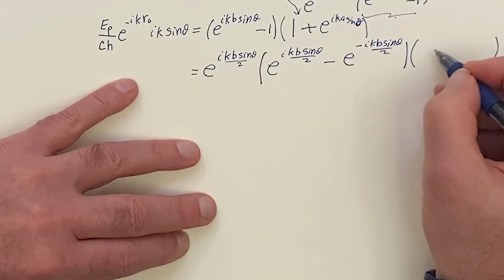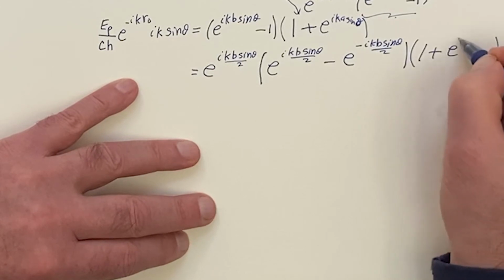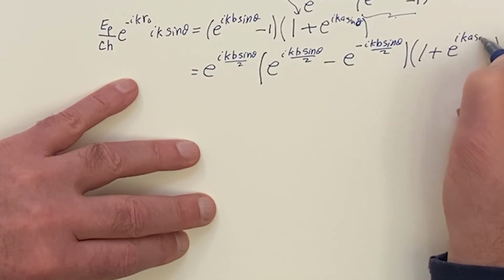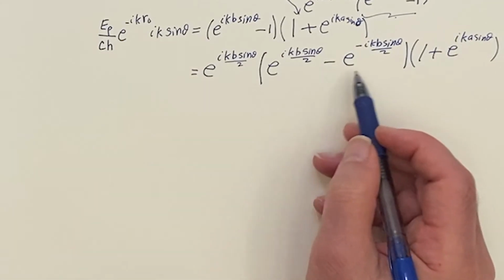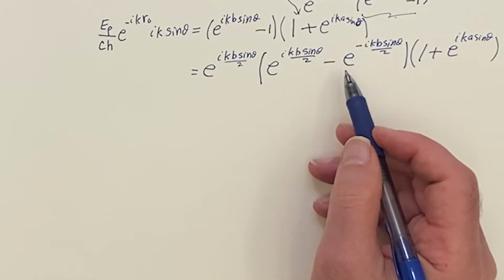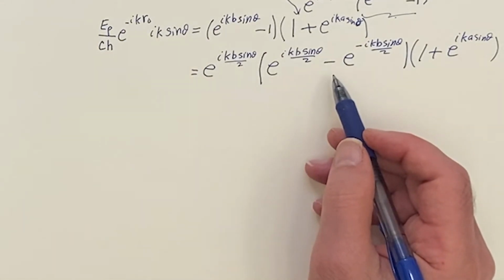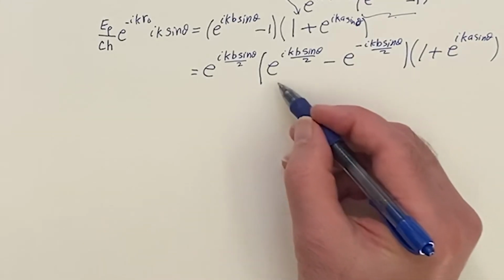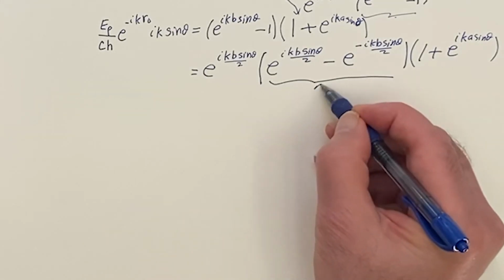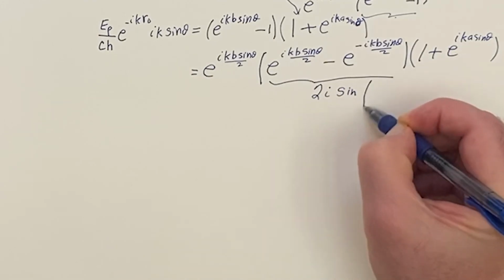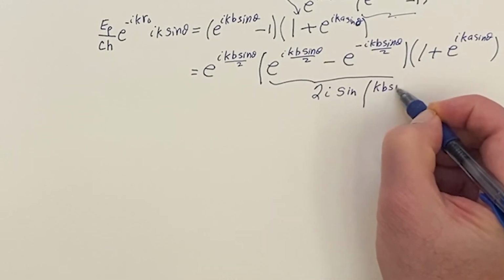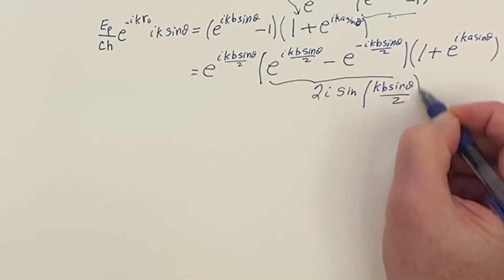And then over here, I have the 1 plus e to the ika sine of theta, same thing. The reason I did that is because you see a sine is coming out of here. Using the Euler relation, this is going to be 2i times the sine of kb sine of theta over 2.